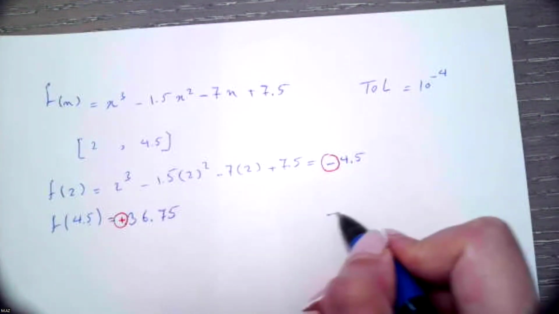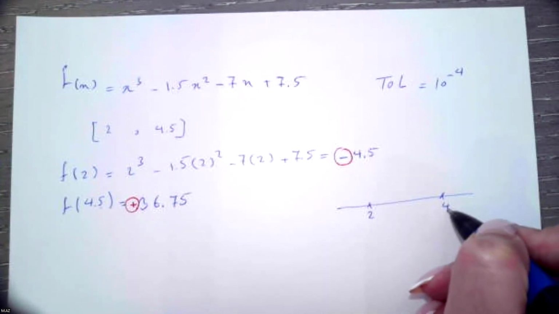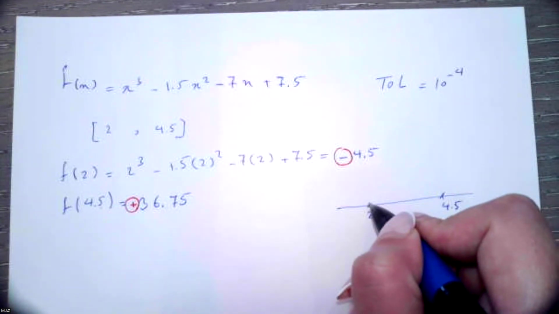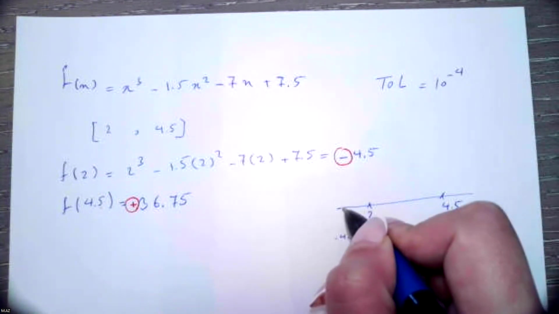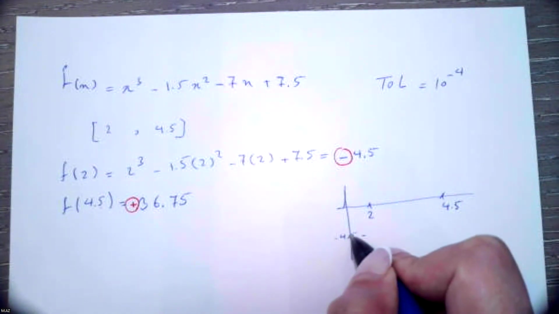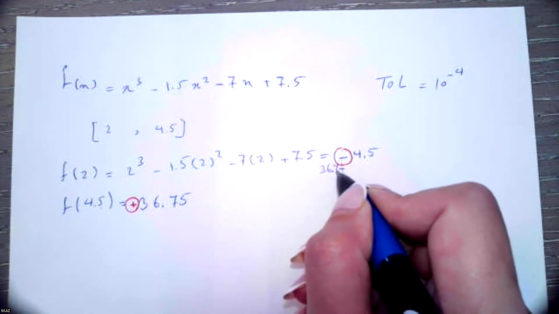Okay, this is 2, this is 4.5. The value at 2 is minus 4.5 on the y-axis and 36.75 at 4.5.